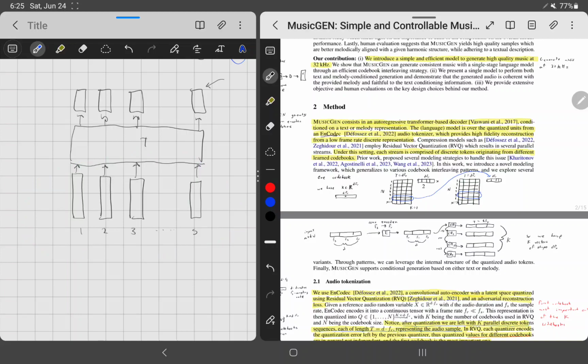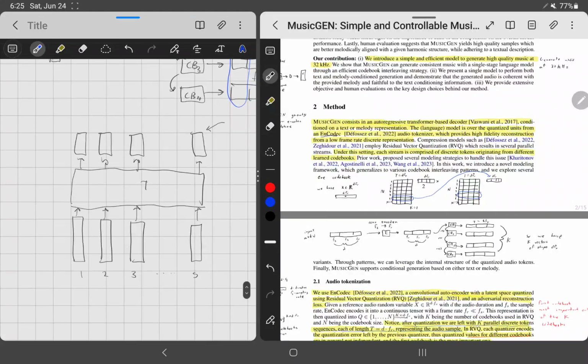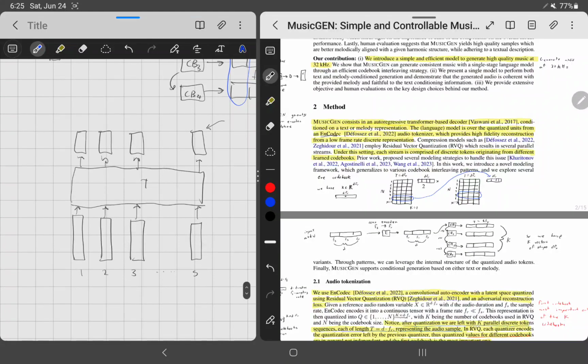You only have to do, I think it was 50 tokens, 50 by 64 tokens. That's what they had above, to generate this sequence, which is very nice. 32,000 tokens would take forever to do autoregressively. 50 tokens does not. 50 by 64. So this is a very nice property. And that's their goal. You encode this, and then you do an autoregressive generation on the discrete token sequence in the latent space.